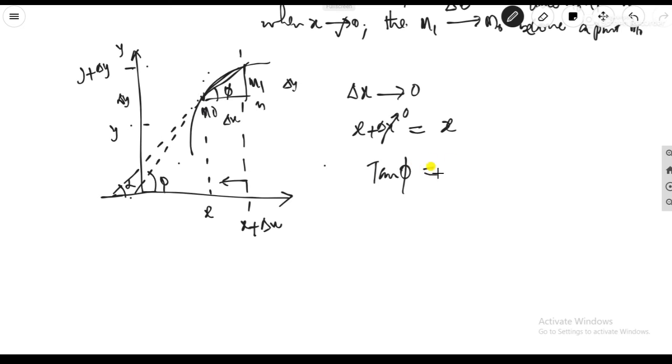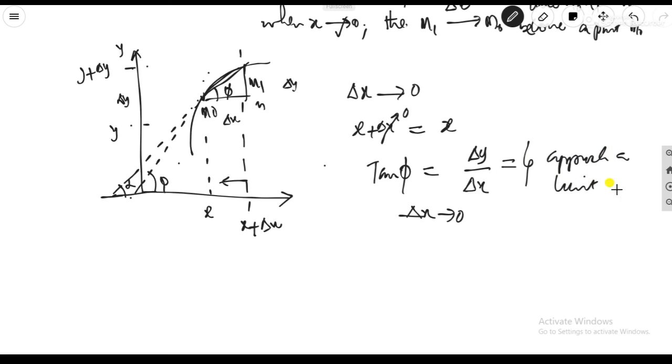Tan phi is equal to delta y by delta x. In this condition, when delta x is going to 0, this ratio will approach a limit at m0, right? So the corresponding value will be tan alpha, right? This is called the tangent line at point m0.